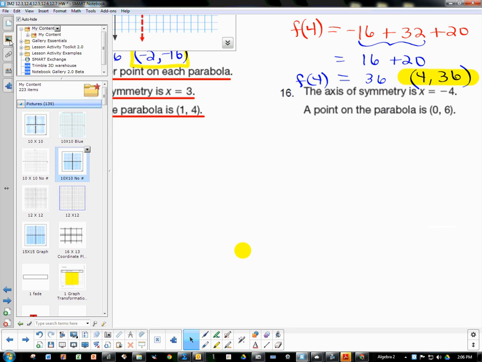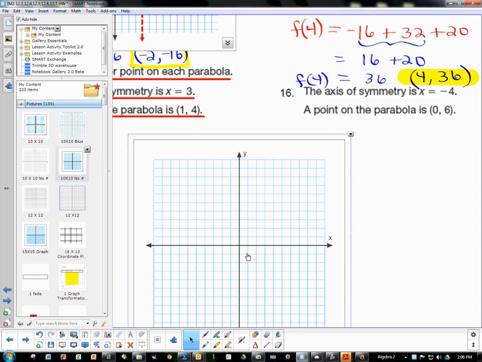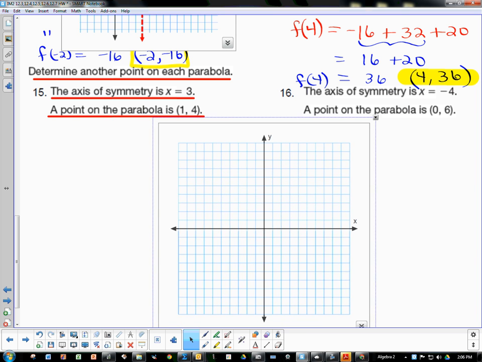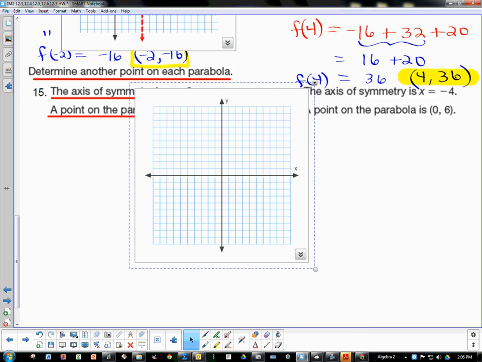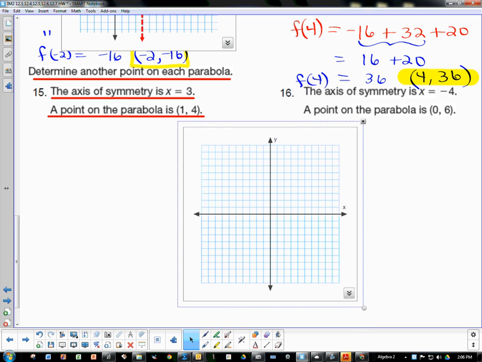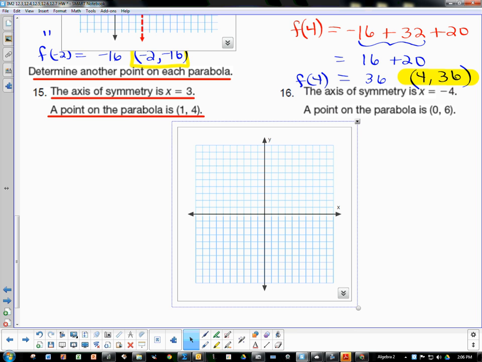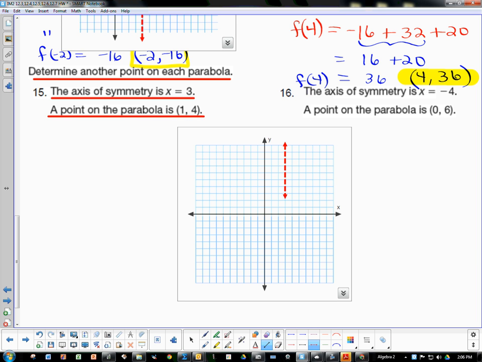But let's grab ourselves a graph here. There we go. All right. Shrink this up a little bit. Axis of symmetry, let's draw that. Axis of symmetry looks like it's x equals 3. And we have a point 1, comma 4. So I'm going to move over 1 and then up 4.